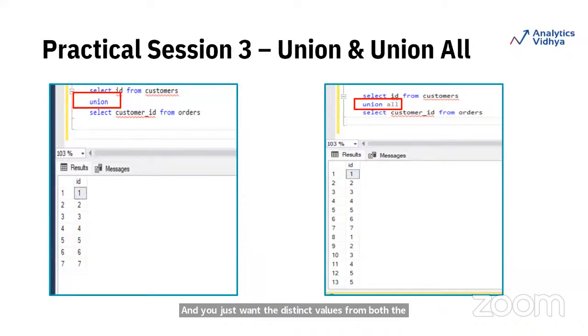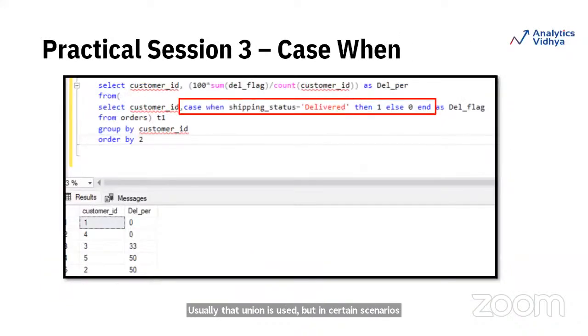Then you use the union, and union all can be useful when you want all the data from both the tables and you don't want to lose any of it. It's usually preferred that union is used, but in certain scenarios, even union all is used.